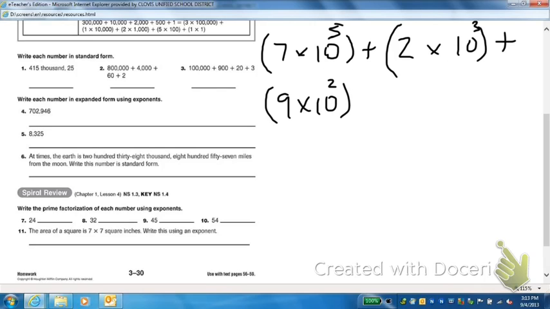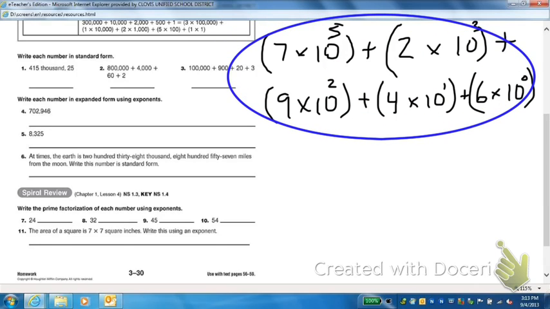Next one is 4, and I have 1 place to that. And the last one would be 6 times 10 to the 0 power. So this whole problem would be right here for number 4: 7 times 10 to the 5th power, 2 times 10 to the 3rd power, 9 times 10 to the 2nd power, 4 times 10 to the 1st power, and then 6 times 10 to the 0 power.